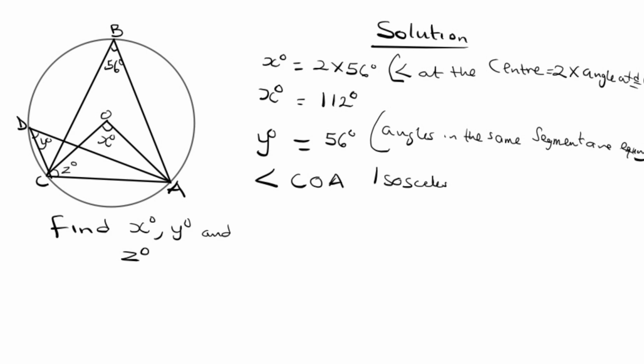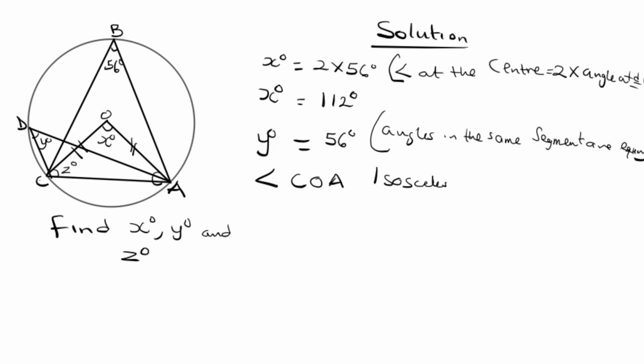Then this line OA is also from the center of the circle touching the circumference. So OA is a radius and CO is also a radius, so they are equal. This line is equal to this line. Understood? For every isosceles triangle, the base angles are equal, meaning that this z here is equal to this angle here, angle OAC.